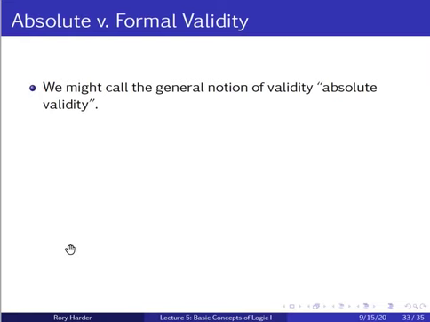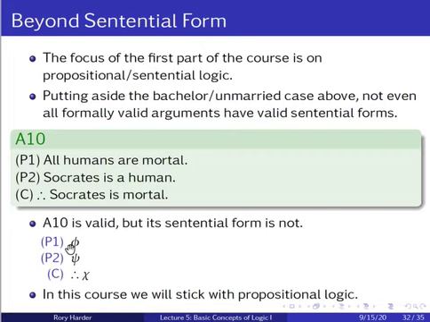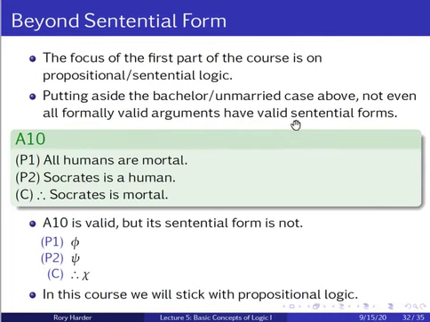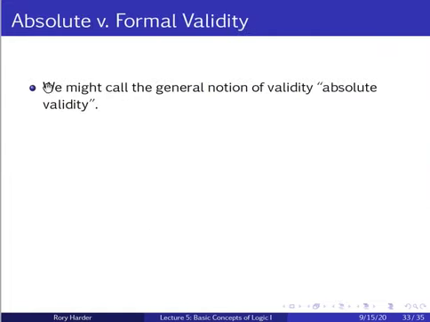So what that means is, because there's a general notion of validity and formal validity, and then there's the particular notion of sentential validity, which we'll be studying with our sentential logic, we have to distinguish between absolute and formal validity, okay? So we can call the general notion of validity absolute.